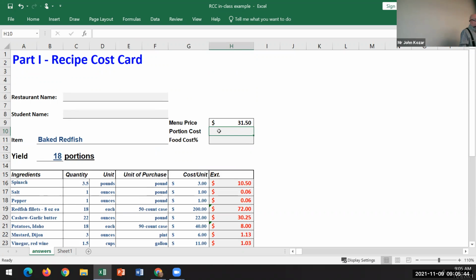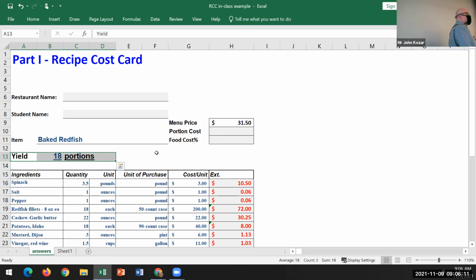We'll take the total recipe cost and divide it by whatever the yield is on your recipe, and then calculate the food cost percent. And when I email this to you, it'll have all the directions in it about what you're going to have to do. And of course, you can always ask me if you've got questions on it.